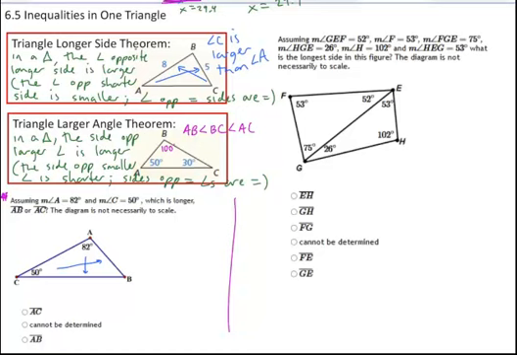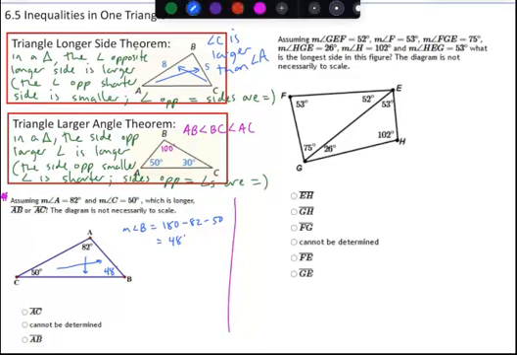No, we're comparing AB, but we're comparing it to AC. So what we need to know is what is angle B. So you do have to find a measure of angle B first. So we'll use triangle sum, subtract the two given angles, 82 and 50. And if you do, you see what's left. So this angle is 48 degrees.